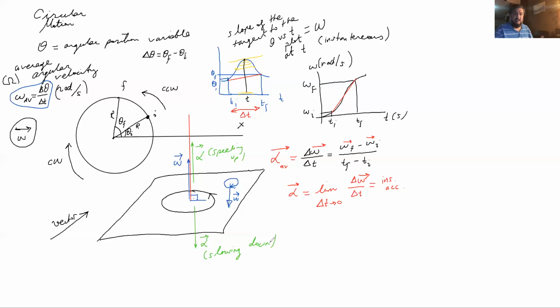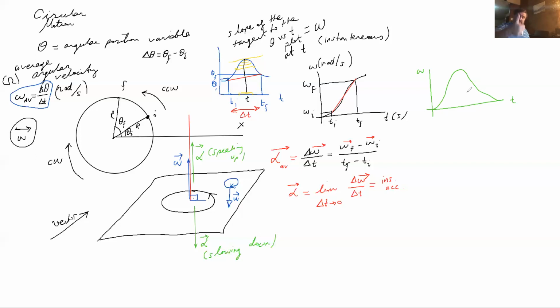While this is happening, this picture here for omega and t may look something like this, right? Omega was 0 in the beginning, starts spinning, reaches the maximum angular velocity, and then starts slowing down. But during the whole thing, it never changed direction. It was still spinning in the same direction.